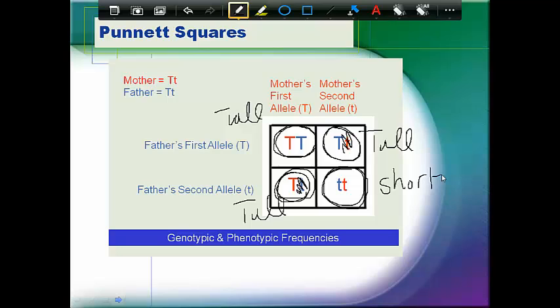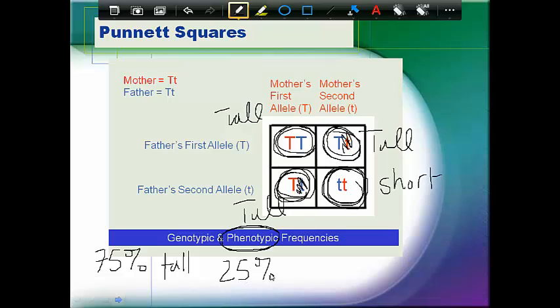So again, we count them up the same way as we did before. Again, this is our phenotypic frequency, what they look like. 1, 2, 3 out of the 4 are tall. 3 out of 4 is 75%. So there's a 75% chance that their offspring will be tall. 1 out of the 4 is short, so there's a 25% chance that the offspring will be short.